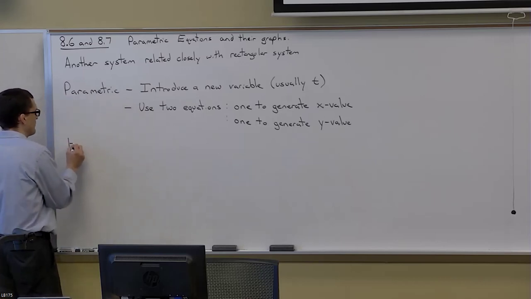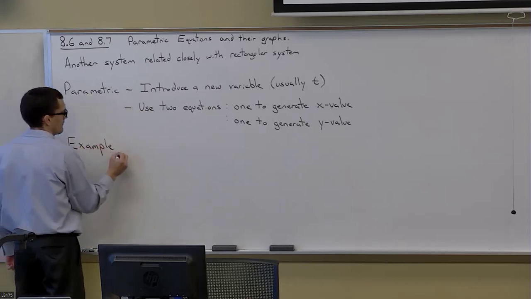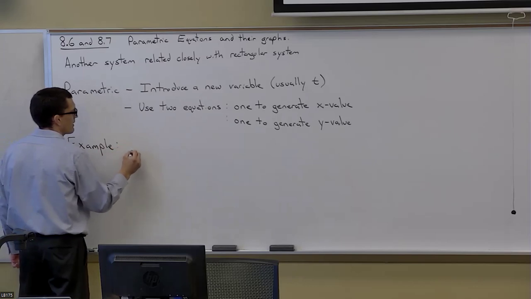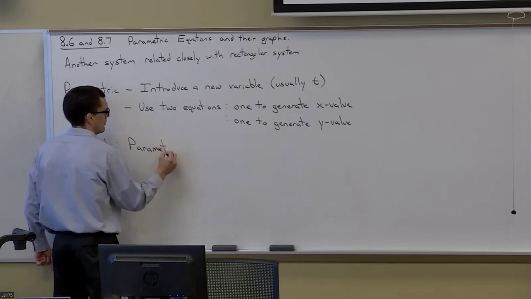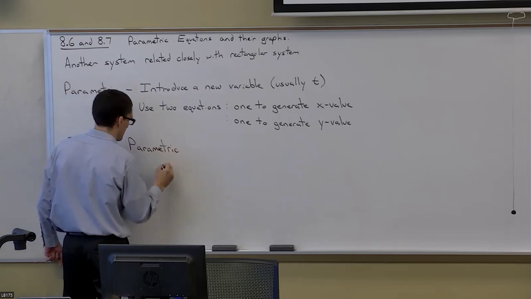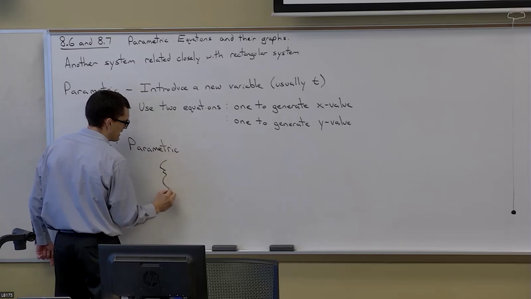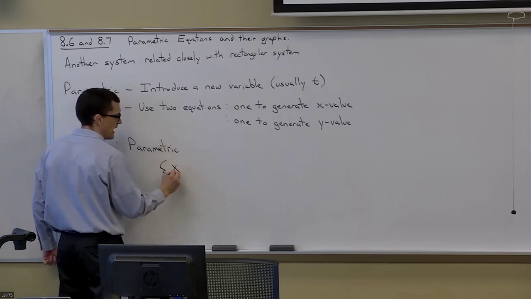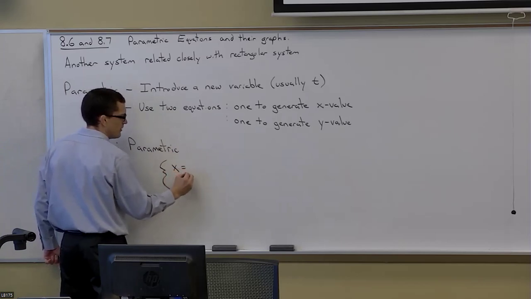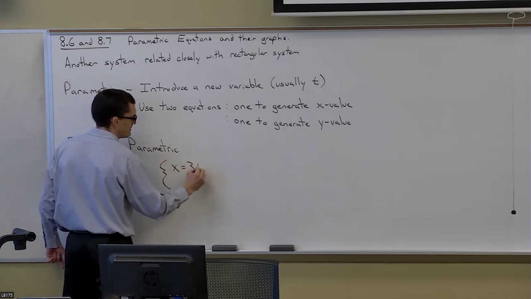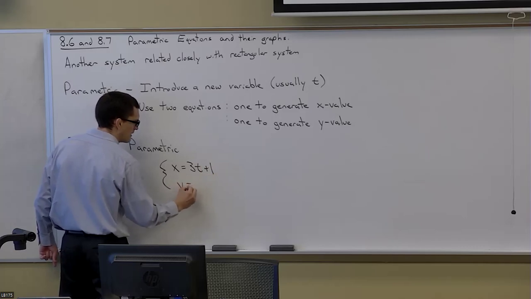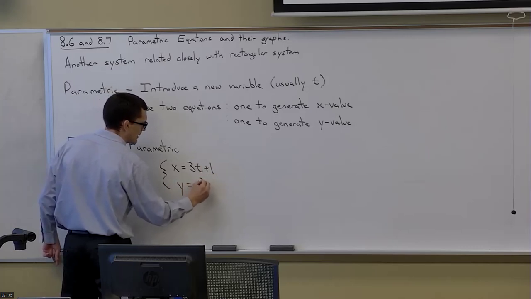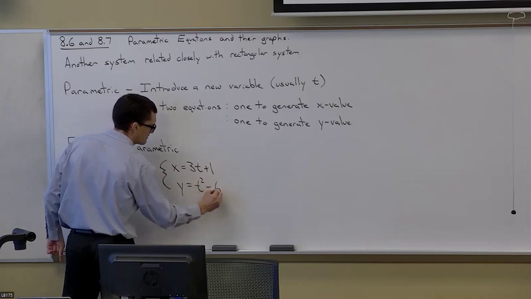So for example, here's a parametric equation, or sometimes people say equations. x is equal to 3t plus 1, and y is equal to t squared minus 6.